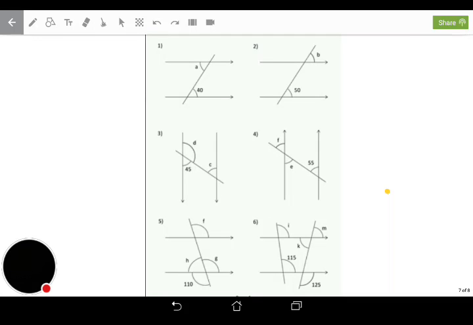I do want you to write down a reason as well to state why you've selected the measurement you have.